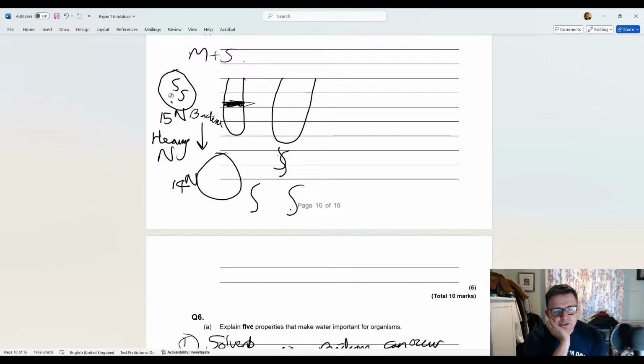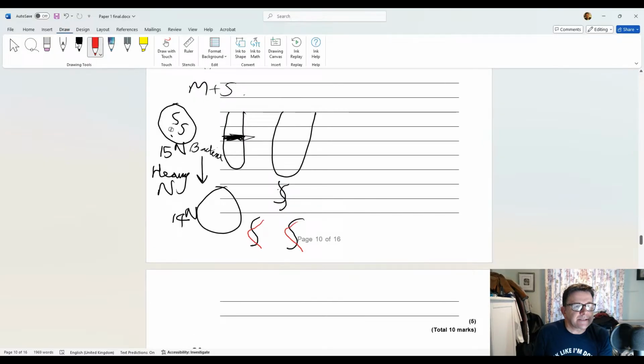And then, can I change the color? Hooray. You get the new strand. So this is the new strand that contains the 14N. There you go. So what happens is that if you were to centrifuge it, oh, wait a minute. Is that coming up? Yeah, it is. Right.